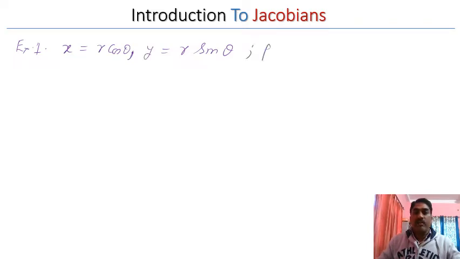Then find the Jacobian of x and y with respect to r and theta.